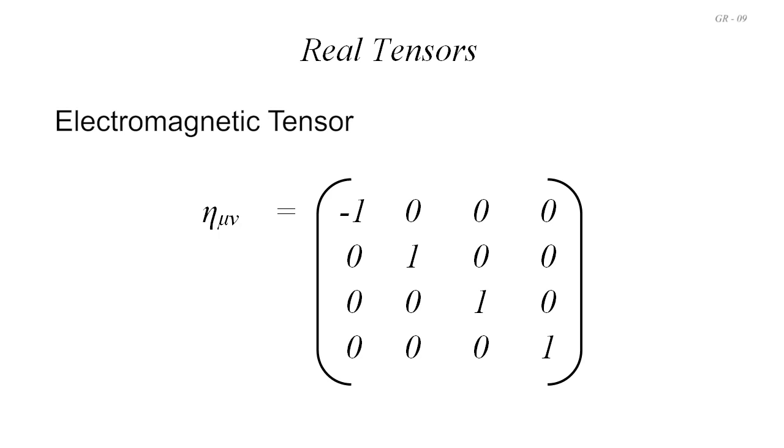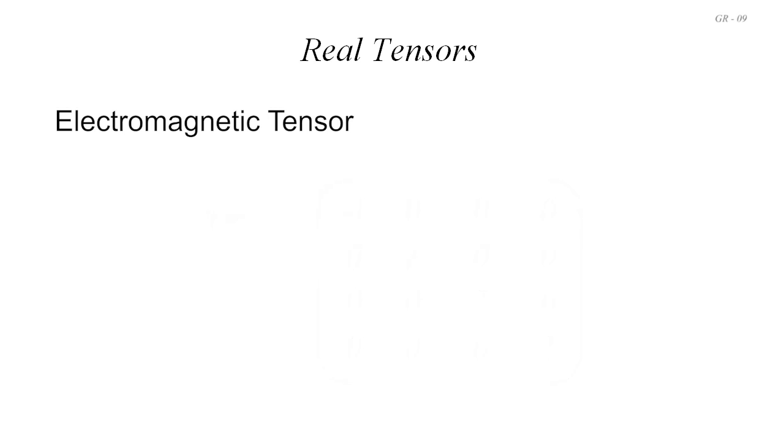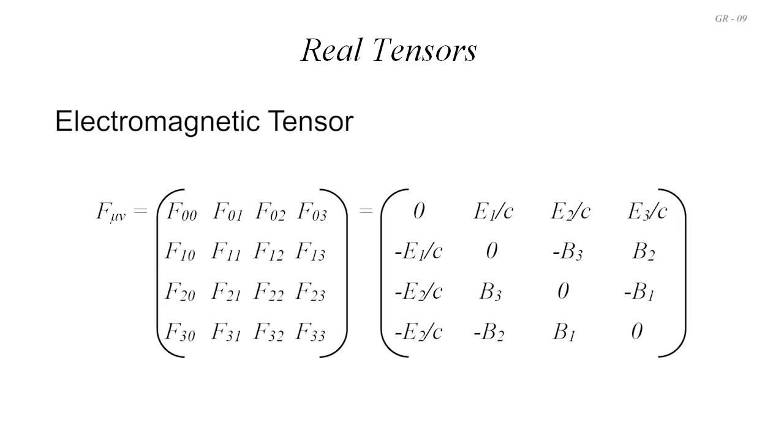the off-diagonal 0s. With those provisos, therefore, the covariant version of the electromagnetic tensor, which is usually given the letter F, can be shown to have these 16 components, 16 values at each point or event in space-time.